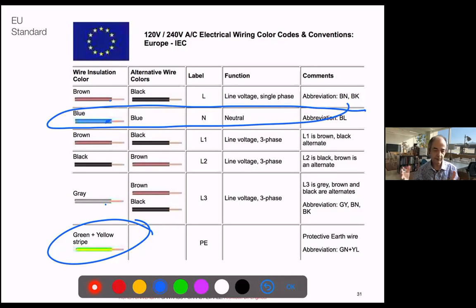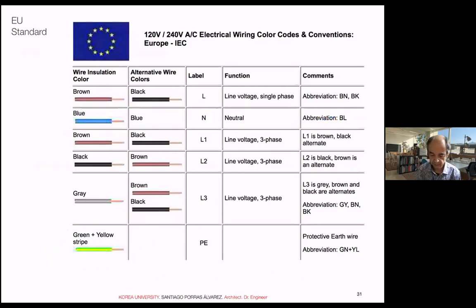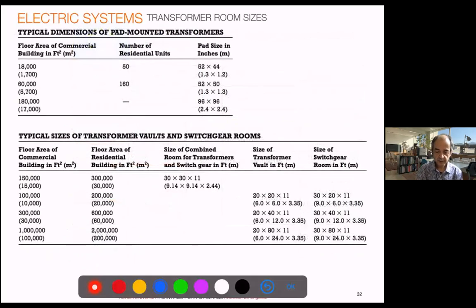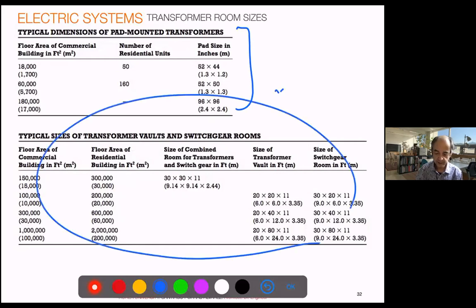But if you have a large house with 3 phases, you have to divide those 3 phases so the power is shared, or distributed, with some kind of regularity. So you have, again, dimensions for transformers and larger volts and switch rooms depending on the size of the building, right?